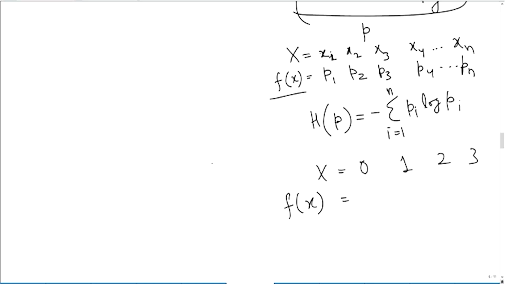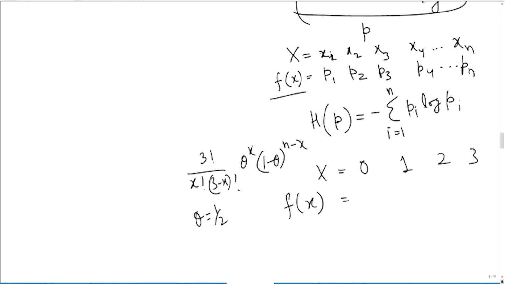The binomial distribution is given by 3 factorial divided by x factorial and 3 minus x factorial, times theta to the power x, 1 minus theta to the power n minus x. Let's say theta is 1 by 2.